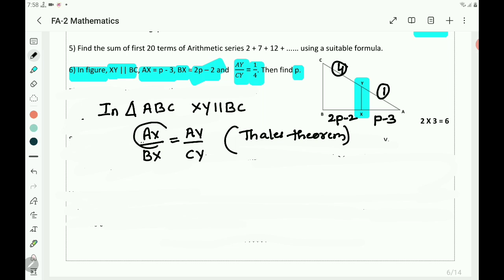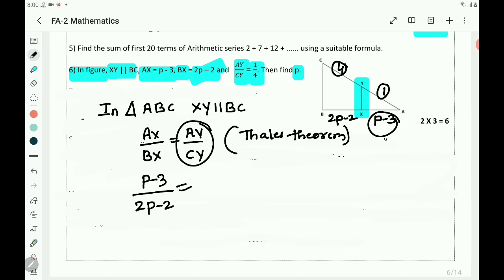Then AX is given that P minus 3 and BX is given that 2P minus 2. You write AX is P minus 3 by BX is 2P minus 2 and AY by CY is given 1 by 4.